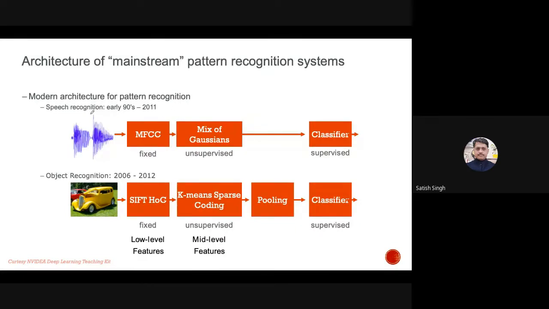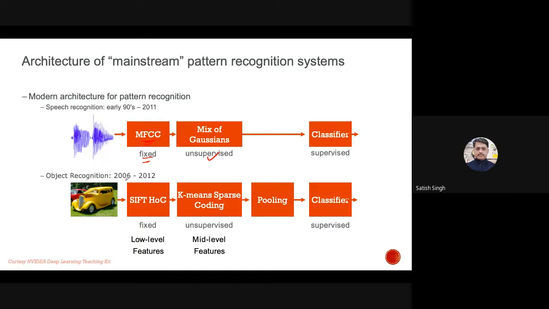Basically, if we consider speech recognition, Mel frequency cepstral coefficients were extracted as the features. Then a mixture of Gaussians was used in an unsupervised manner just to cluster, and then a classifier was used on the basis of those modified features.